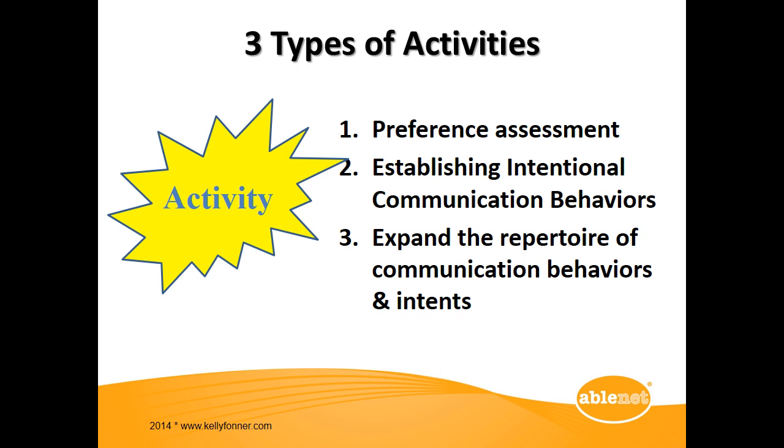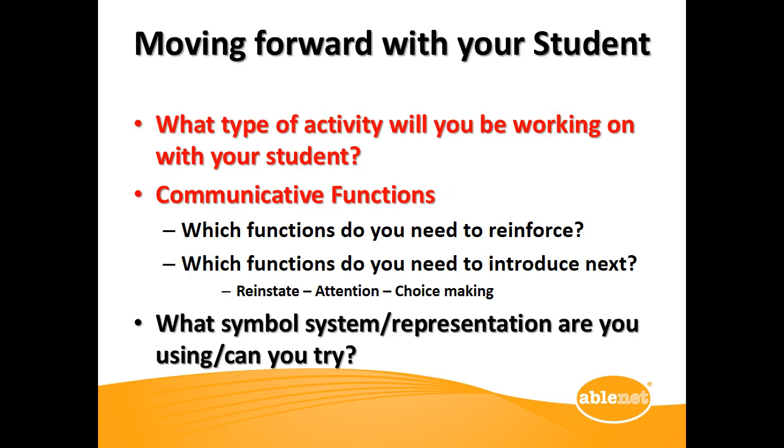So one of the things you want to be thinking about at this point is about your student and moving forward with them, because what I want you to be doing is we want you to operationalize what I'm talking about and to be able to choose the kind of activity for your child or your student or a couple of students that you're working with. And so you want to be thinking about what kind of communicative function.